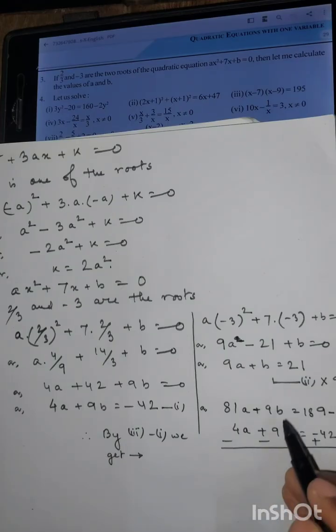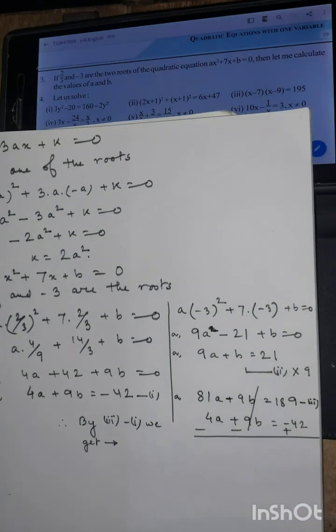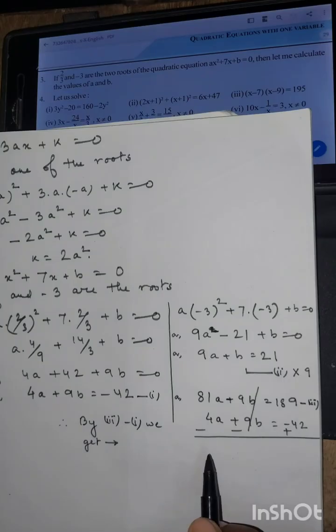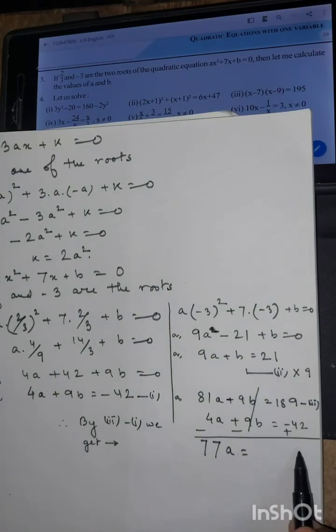Now 9b can be cancelled. 77A equal to 231.